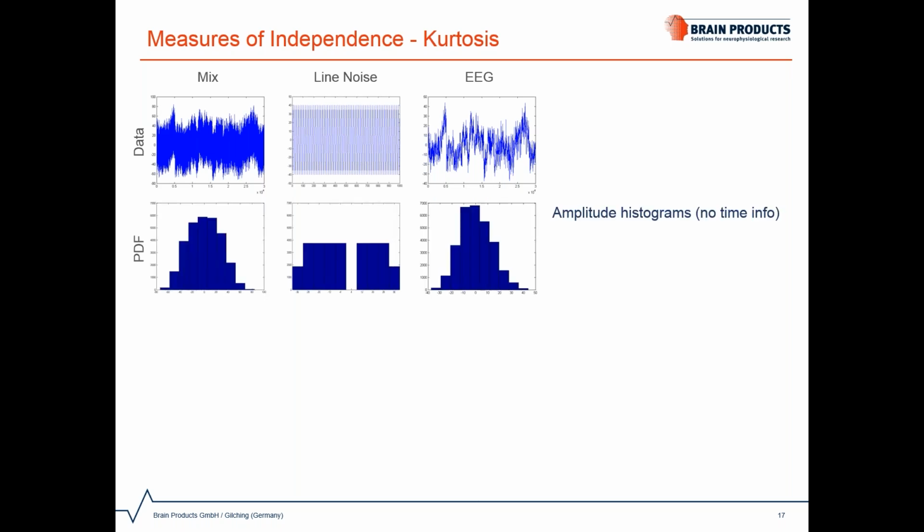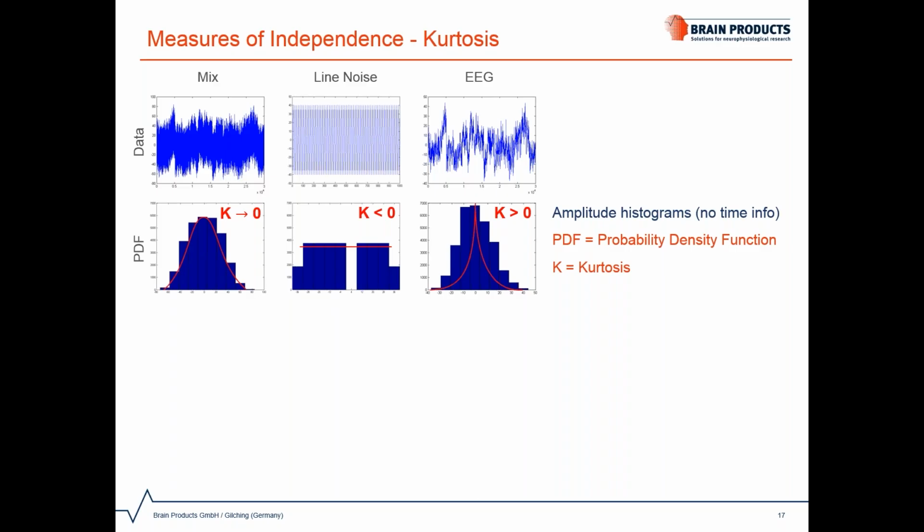The signal amplitudes can be plotted as a histogram, which depicts the probability of each amplitude. The integral of the distribution can therefore be described as probability density function, which is depicted by the red curve. I mentioned before that kurtosis characterizes the Gaussianity or peakedness of a distribution.